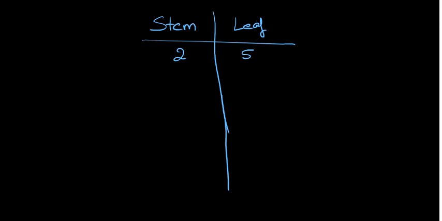The first digit comes under the stem and the second digit comes under the leaf. The same way you can do it for a 3-digit number. For a 3-digit number, you can either choose the first 2 digits as the stem and the last digit as the leaf, or choose the first digit as the stem and the last 2 digits as the leaf. Typically you choose only one digit under the leaf, otherwise it leads to confusion.